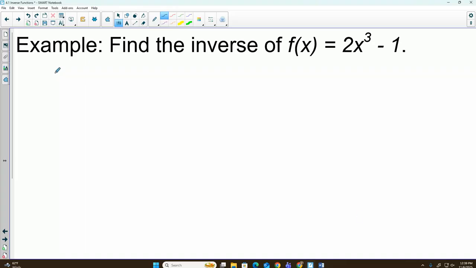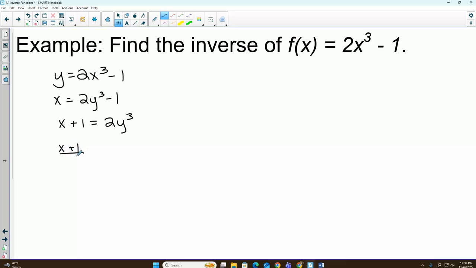So we have y equals 2x cubed minus 1. Then we switch x and y. Solve for y, so you add the 1. You have to divide by 2. Then what would you have to do?